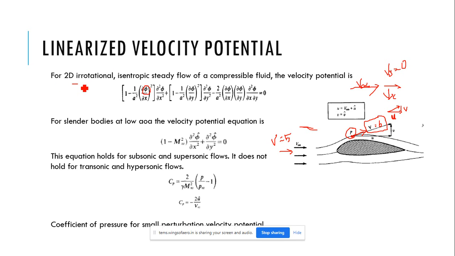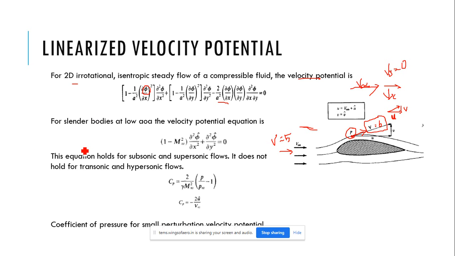So for a two-dimensional irrotational isentropic steady flow of a compressible fluid, the velocity potential equation is: (1 minus 1 by a squared (dou phi by dou x) the whole squared) into dou squared phi by dou x squared, plus (1 minus 1 by a squared (dou phi by dou y) the whole squared) into dou squared phi by dou y squared, minus 2 by a squared (dou phi by dou x) into (dou phi by dou y) into dou squared phi by dou x dou y, that is equal to 0.